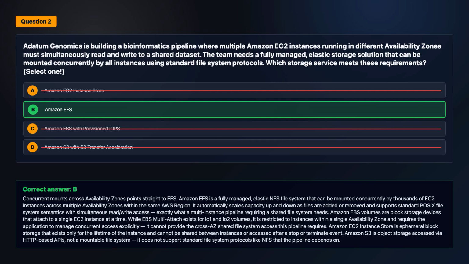Amazon EC2 Instance Store is ephemeral block storage that exists only for the lifetime of the instance, and cannot be shared between instances or accessed after a stop or terminate event. Amazon S3 is object storage accessed via HTTP-based APIs, not a mountable file system. It does not support standard file system protocols like NFS that the pipeline depends on.